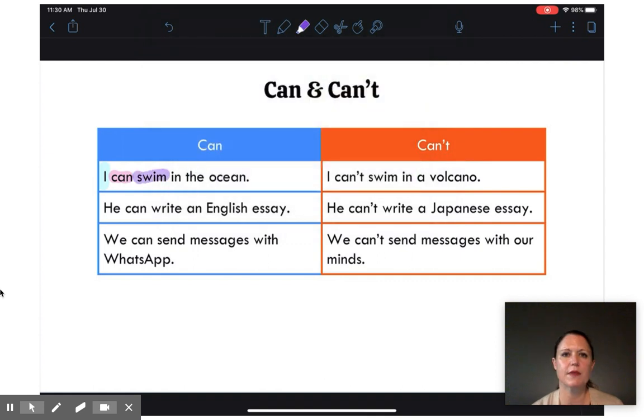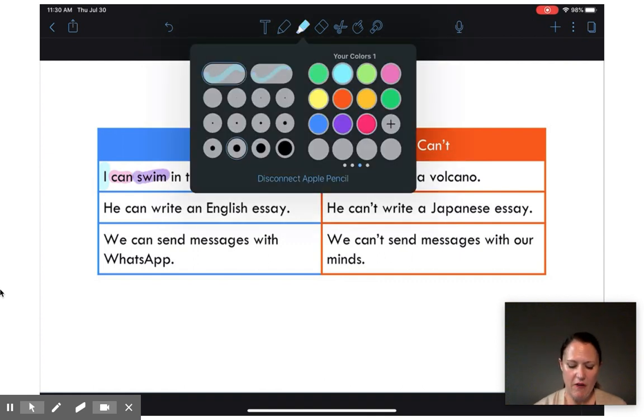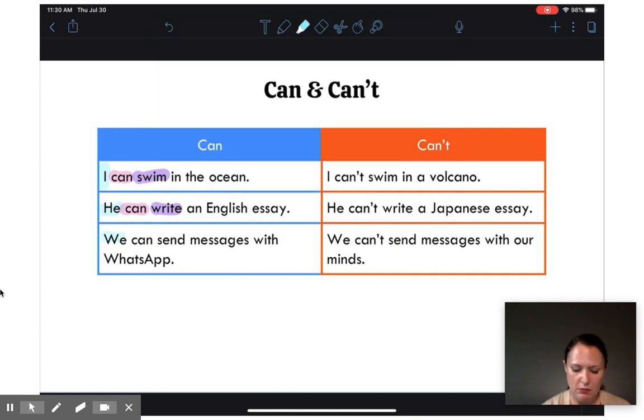Swim. Okay. He can write. All right. We can send. Do you see the pattern?